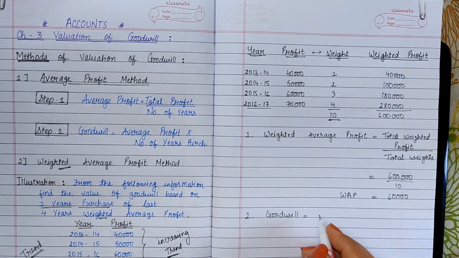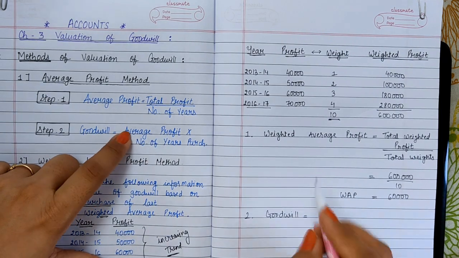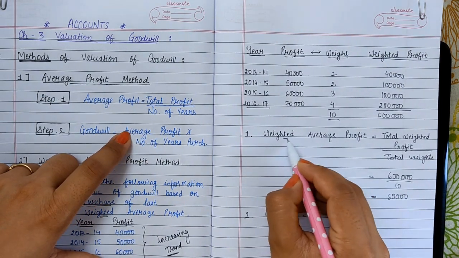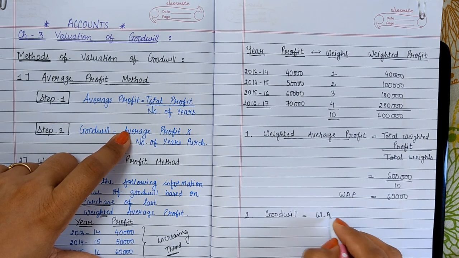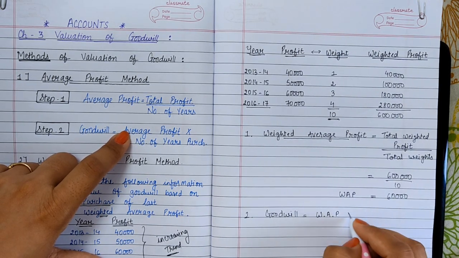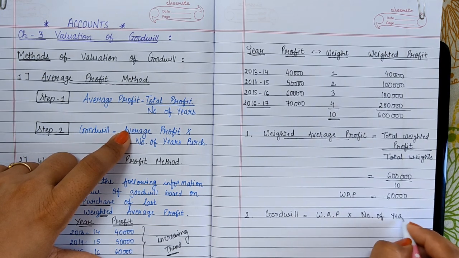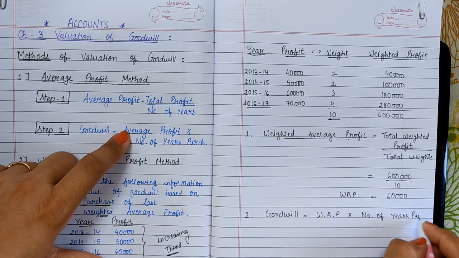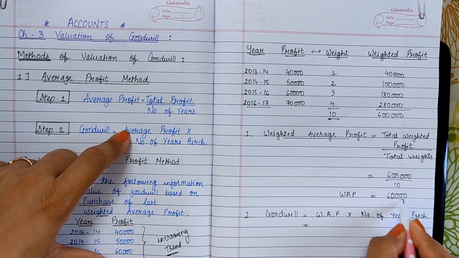Goodwill is equal to, there it was average profit multiply number of years. Here, instead of average profit, we will consider weighted average profit. So weighted average profit multiply number of years purchase. Now see, what is our weighted average profit? 60,000.